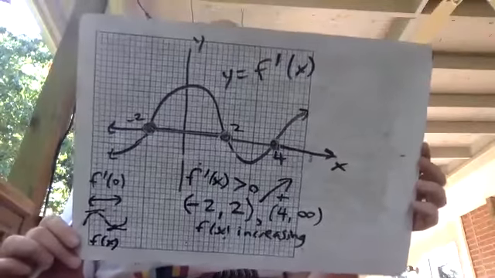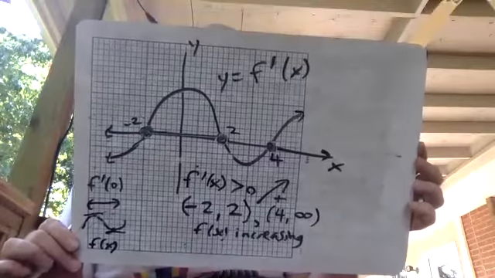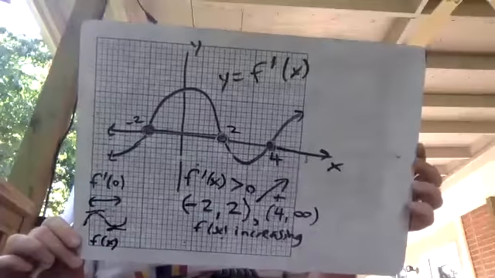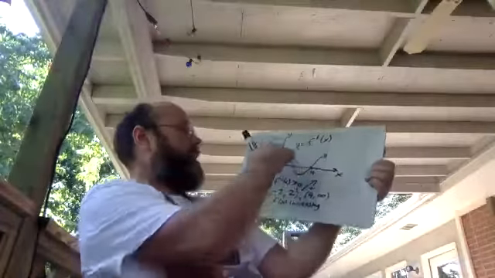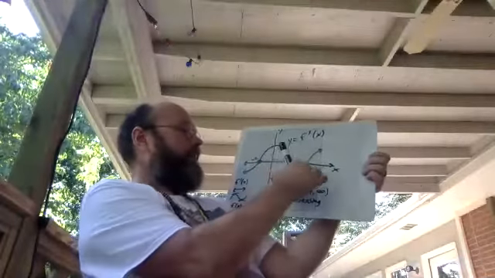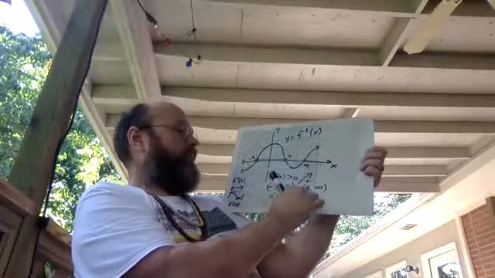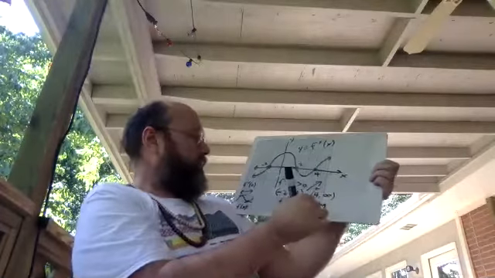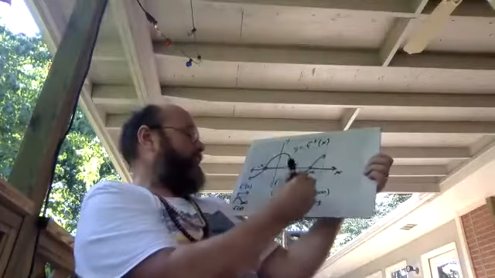The derivative is positive, and what that says is that the original function is increasing. It's rising from left to right. Cool? That's picking up the positive parts. Noting that the point 4 is also not included because the graph is turning around there if the derivative is 0.